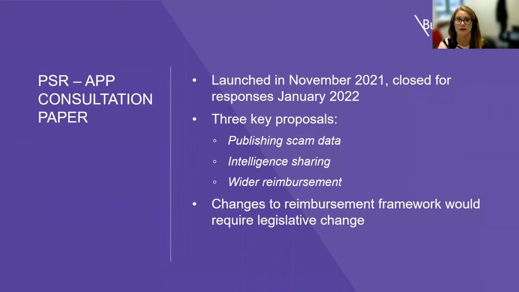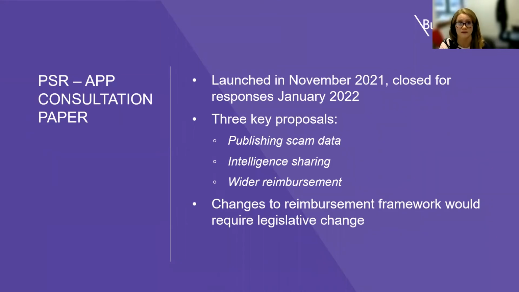This will include things like how much money is being reimbursed to customers, and really being able to compare that across the industry to different payment services providers. The second one is intelligence sharing. The payment systems regulator wants to improve intelligence sharing between payment service providers to improve scam prevention.